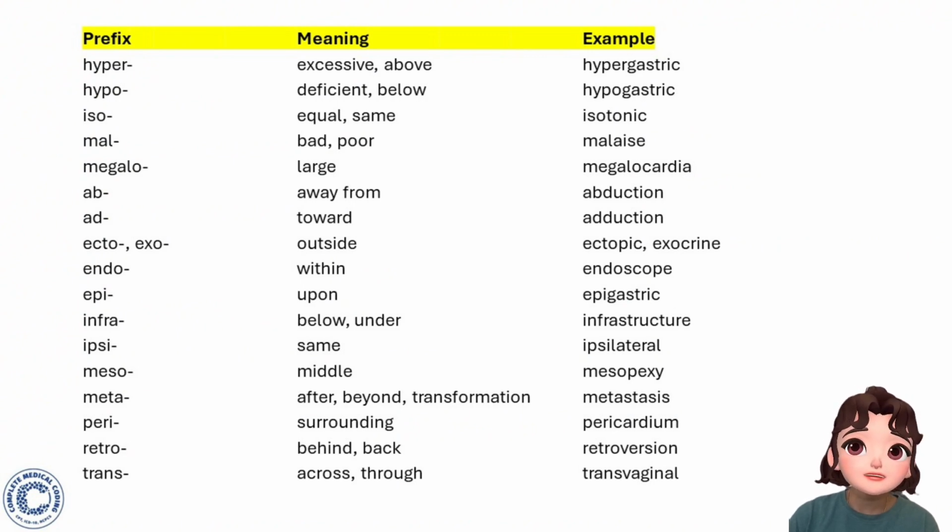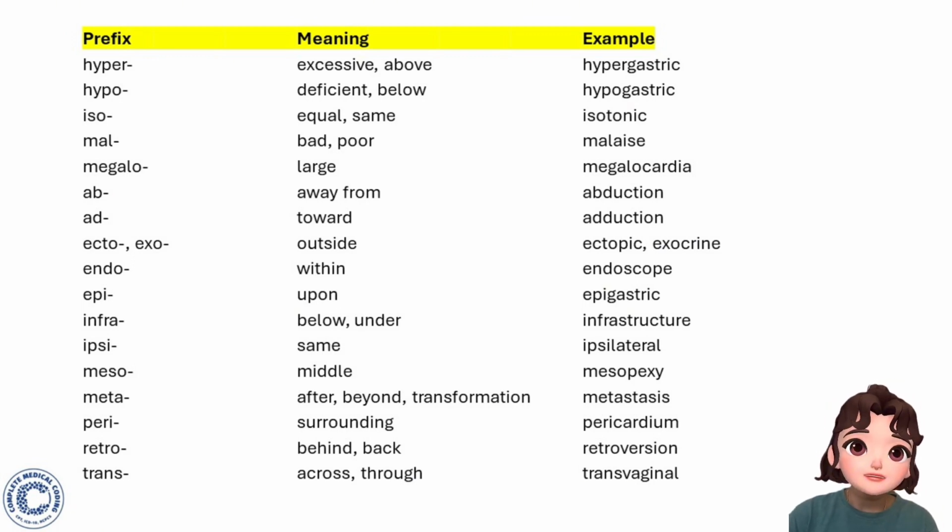Epigastric pain. I just mentioned hypergastric, hypogastric. There will be epigastric pain. Epi means upon, epigastric. Infra means below or under, infrastructure. Ipsi, same, ipsilateral. Meso, middle, mesopexy.